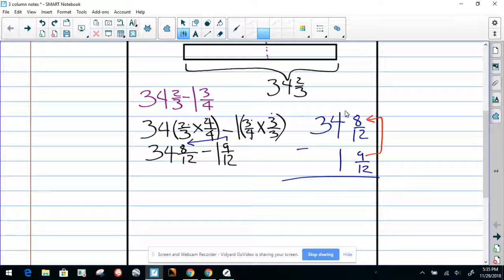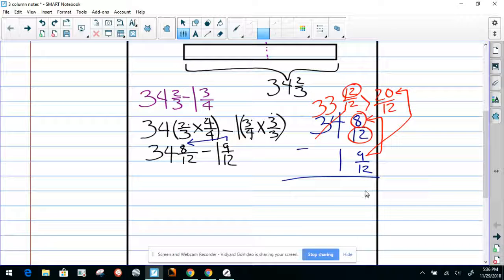Borrow from the 34. The 34 is reduced to 33, and the one that we borrow is turned into 12 twelfths. So we have 12 twelfths plus 8 twelfths equals 20 twelfths. Now we can subtract 9 from 20.